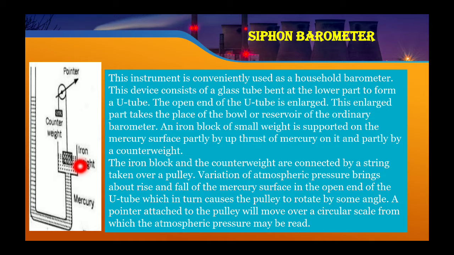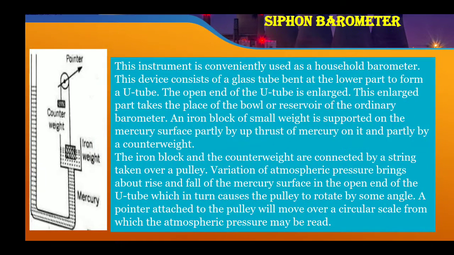An iron block of small weight, you can see the small weighty iron block, this black colored thing, is supported on the mercury surface partly by the upthrust of mercury on it and partly by a counterweight.